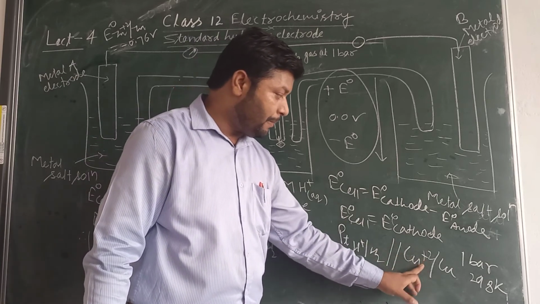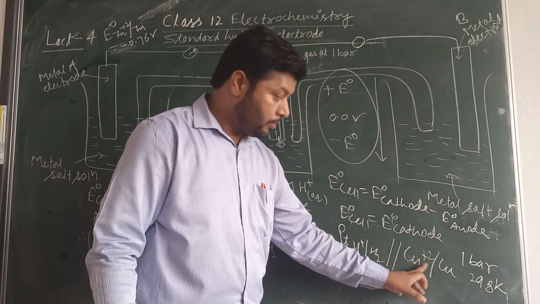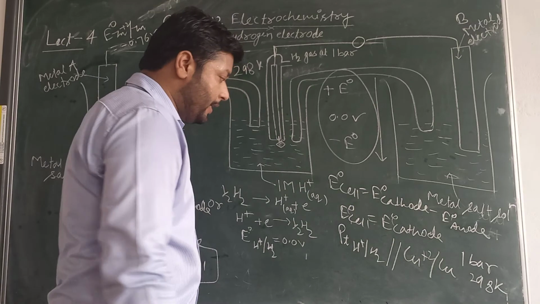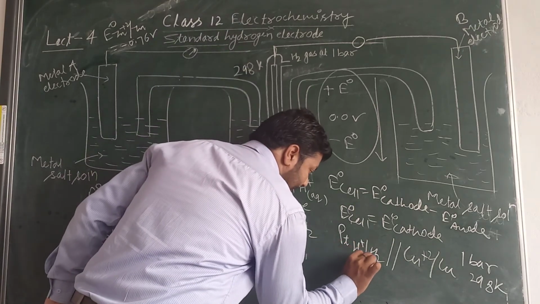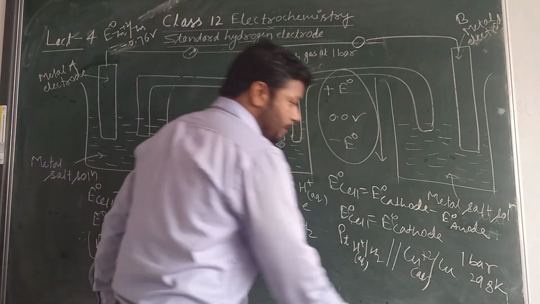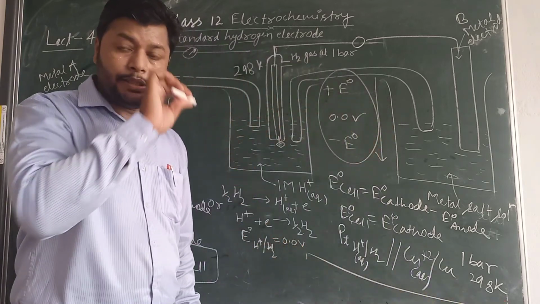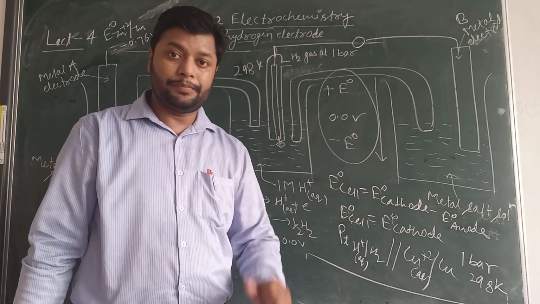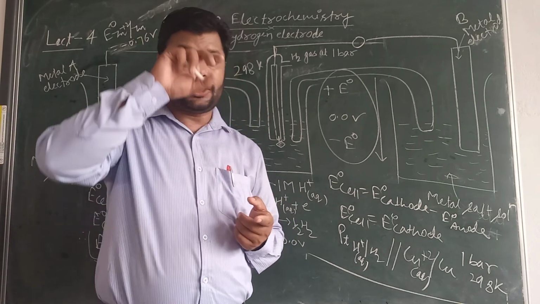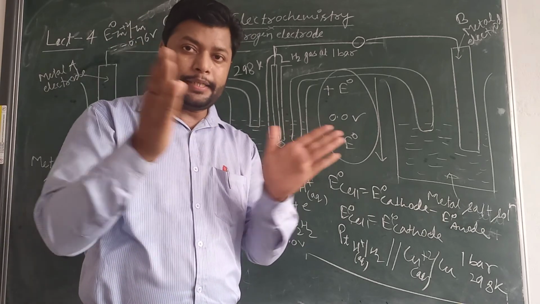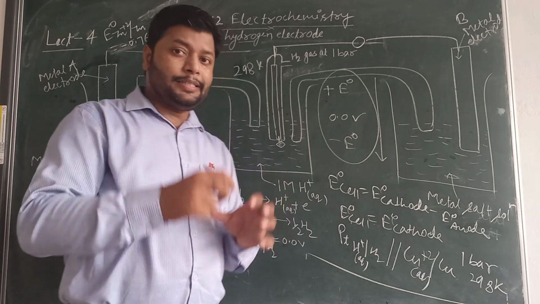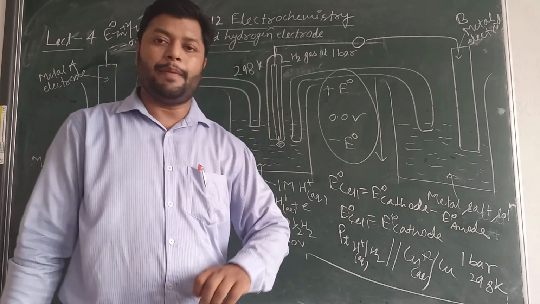Salt bridge, Cu2 plus, Cu, reduction terms. Pressure is 1 bar. Temperature is 298 Kelvin. This is called cell representation. The representation of the anode followed by the cathode and connected by a salt bridge is called cell representation, which summarizes the processes that occur in the electrochemical cell.